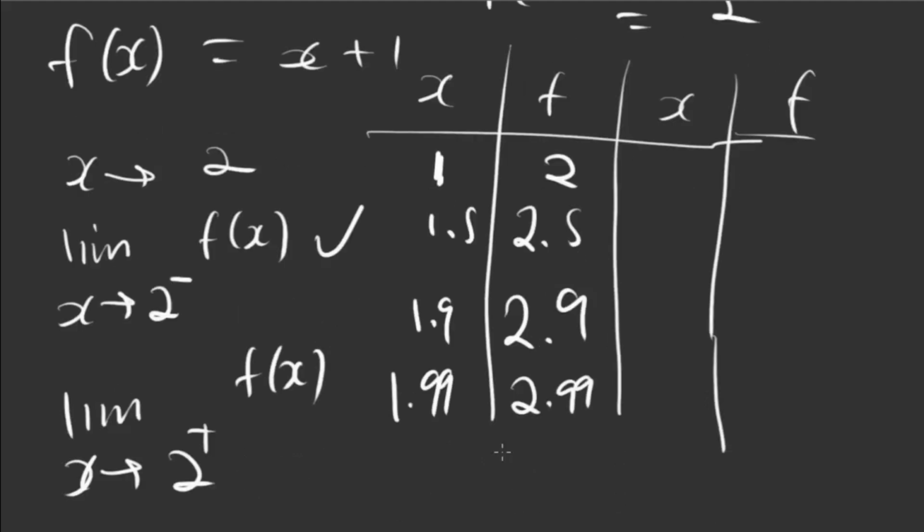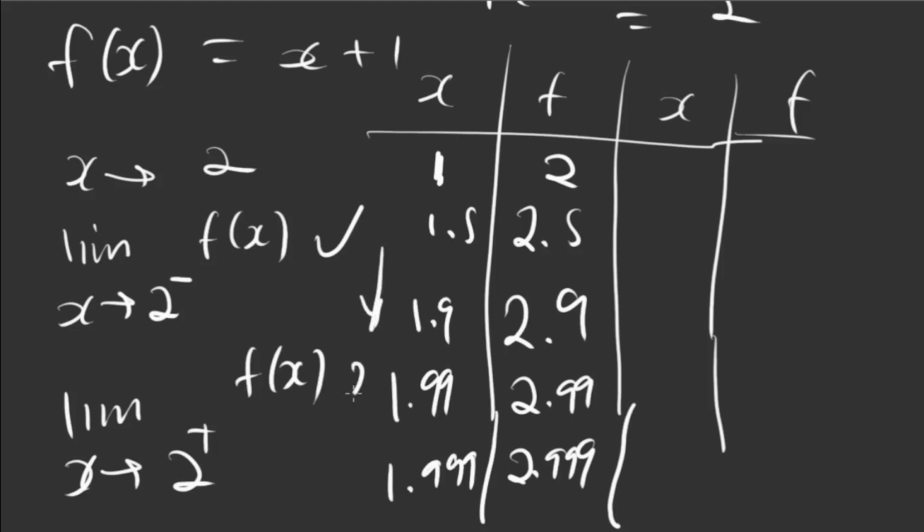Let's put one more, 1.999. So basically you can conclude that as you are moving closer to 2, the value is going closer to 3, and 3 is the limit when x goes closer to 2.